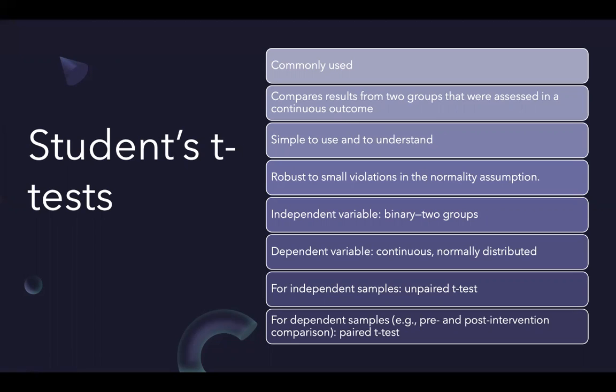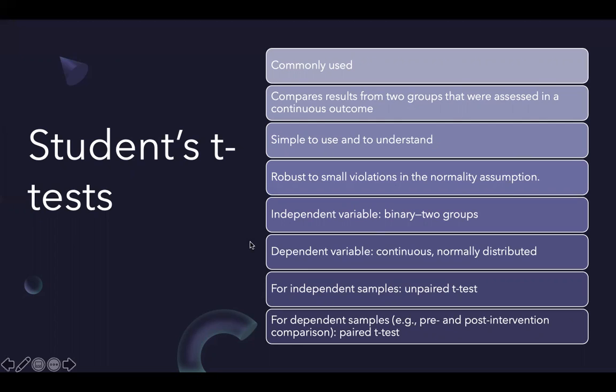Remember that for the use of parametric tests, certain assumptions have to be made. One of these is that the variance between both groups has to be roughly equal, and also that the distribution under the curve of both samples has to be normal. The independent variable is binary for two groups, and the dependent variable is continuous, as I already explained.